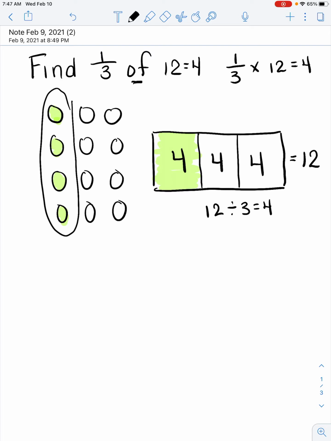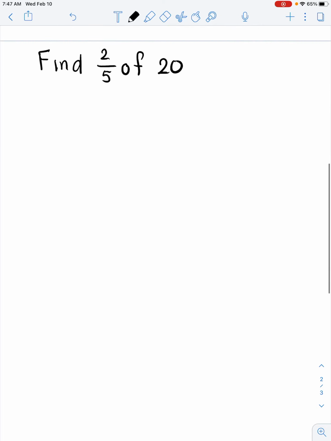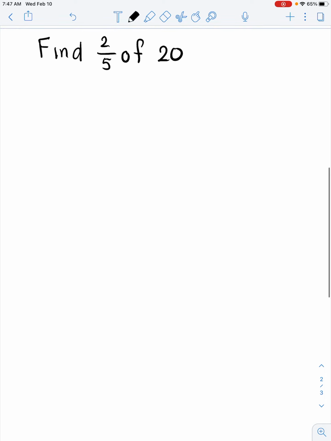Now, let's look at another example. That was sort of easy because it was a unit fraction, a fraction with a numerator of 1. Now let's see if we can do the same thing to find 2/5 of 20, or 2/5 times 20.